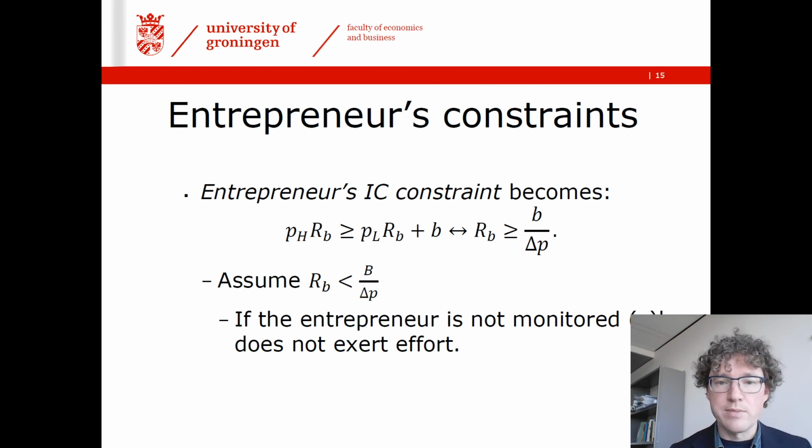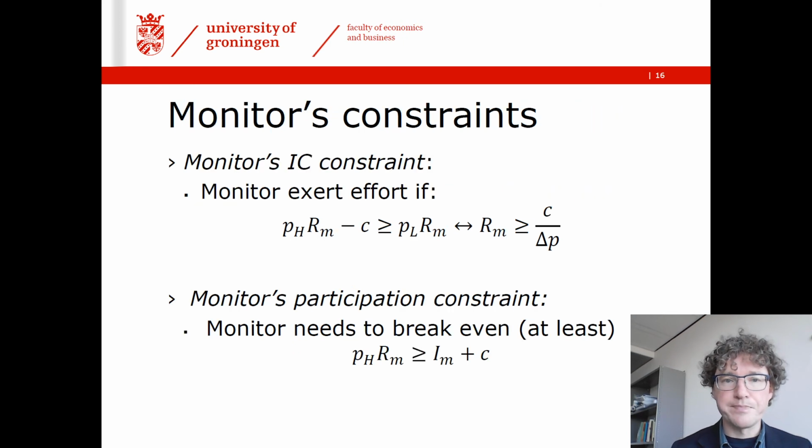It would not have been necessary to bring in this monitor. So we assume that this capital B is so high that we can never solve the problems without monitoring. So this was the entrepreneur, reducing capital B to little b.